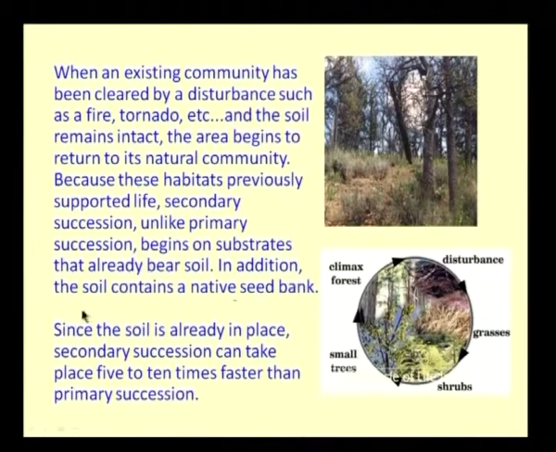In addition, the soil contains a native seed bank. So, this is the difference between primary and secondary succession. Since the soil is already in place, secondary succession can take place 5 to 10 times faster than primary succession. This basically shows the difference between the primary and the secondary succession.